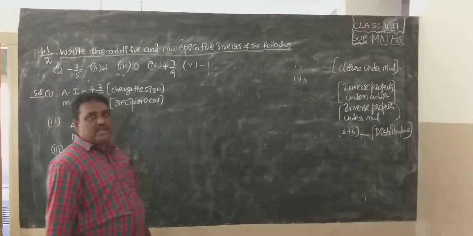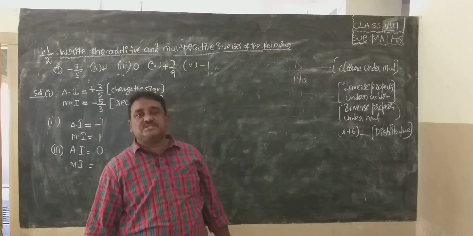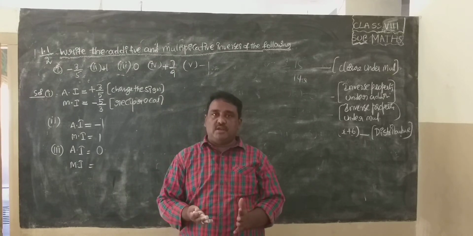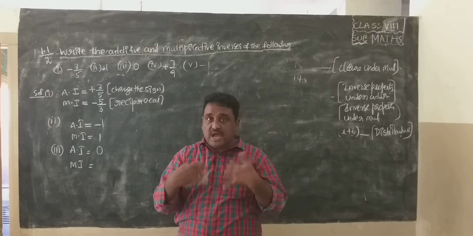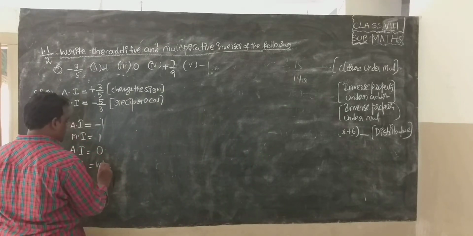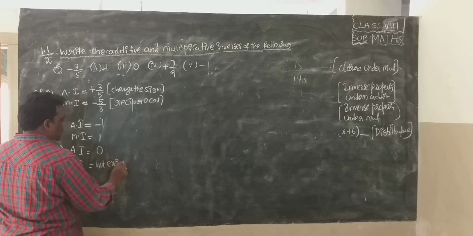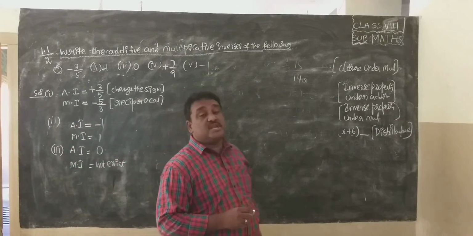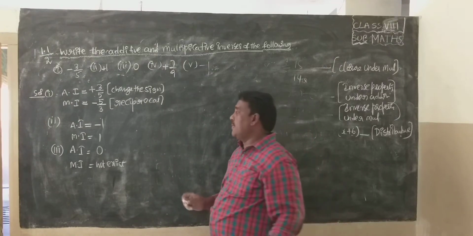I told you in the introduction, 0 has no reciprocal, because 0 means 0 by 1, and its reciprocal 1 by 0 is not okay. So the multiplicative inverse does not exist. So 0 has no multiplicative inverse, no reciprocal.